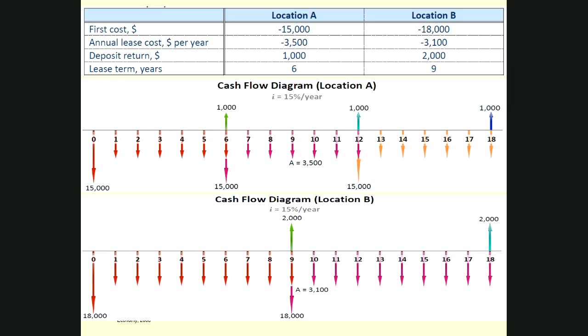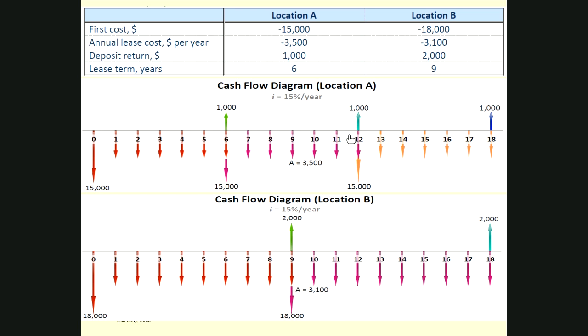In this slide, the first cash flow shows that the alternative of location A is repeated 3 times. Why? Because we divide the LCM by the number of years for that alternative, and when we divide 18 by 6, we get 3. That means you have to repeat those values 3 times.